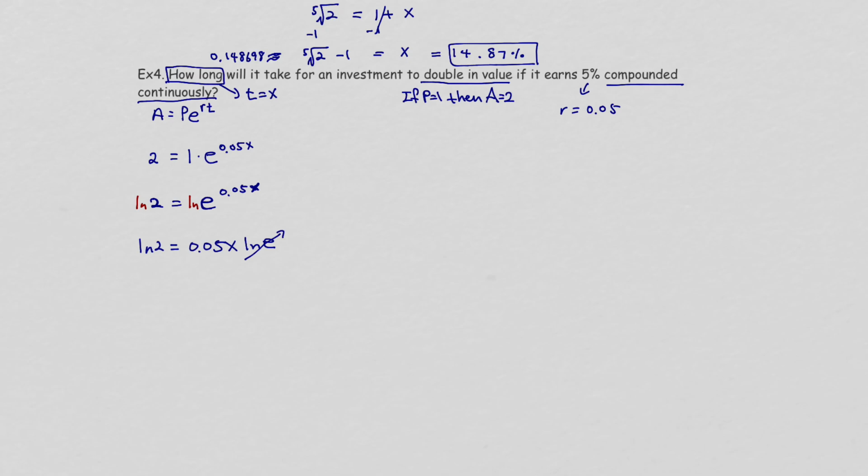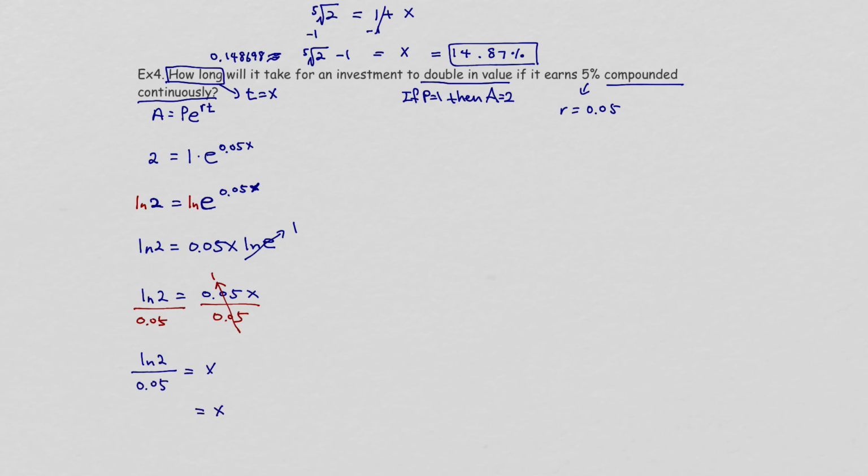We know ln e is equal to 1, so basically you have only ln 2 equals 0.05 times x. In order to solve for x, you divide both sides by 0.05. So then you will get x equals the natural logarithm of 2 over 0.05.